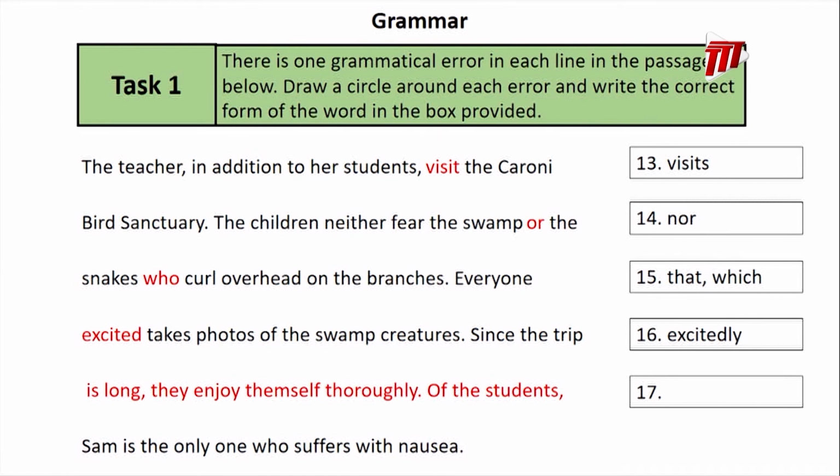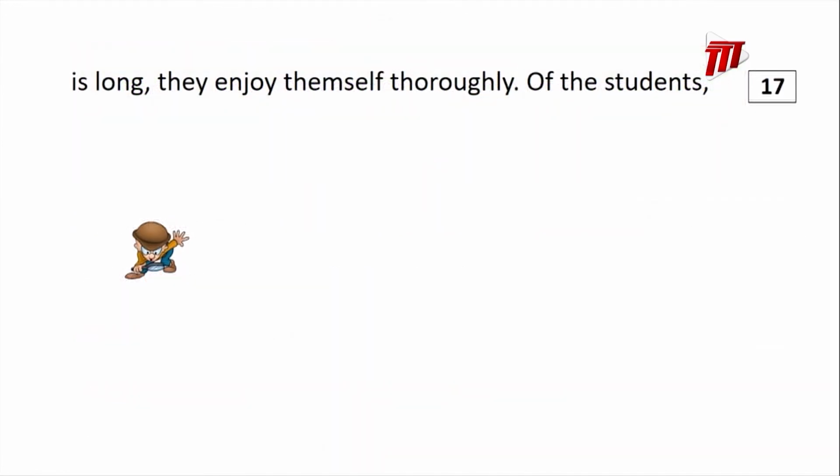Let's continue. Since the trip is long, they enjoy themselves thoroughly. Of the students, something is wrong with that reflexive pronoun, don't you think? You figure that one out? That word looks weird in the sentence.